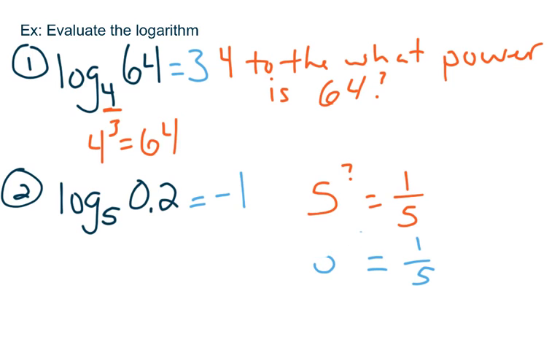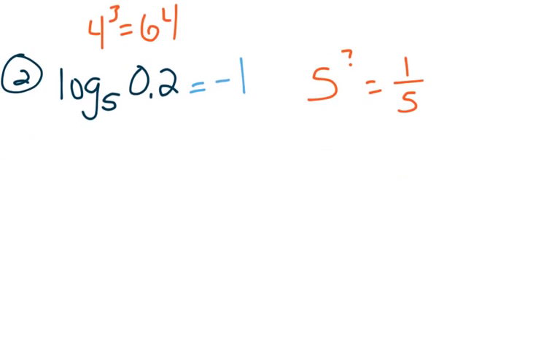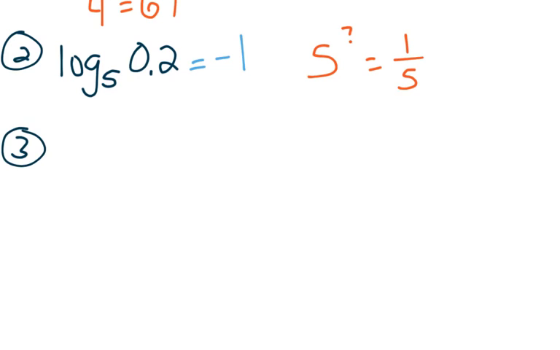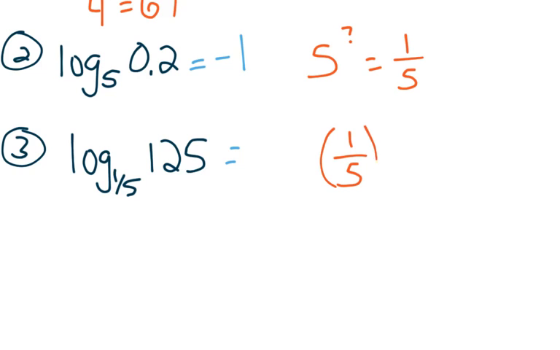I'm going to erase some of this just so I have a little more room to write. Slide that up. Number 3. Let's try the log base 1/5 of 125. Again, think about it in exponential form. The base 1/5, we're going to raise it to what power to get 125? Well, if it was 5 to some power, that answer is easy. That's 3.